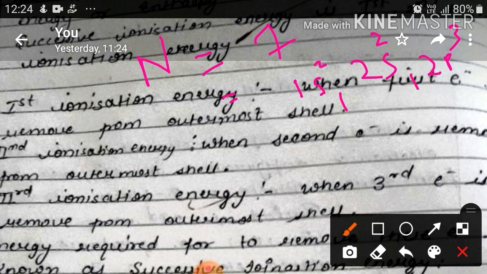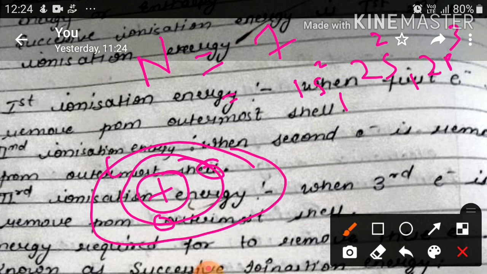Here when we distribute the electrons in the shells, this is the nucleus, and this is the first shell in which 2 electrons are present, and in the outermost shell there are 5 electrons. Now when we remove the first electron from the outermost shell, it is known as first ionization energy. After removing this electron, there are 4 electrons in the outermost shell.